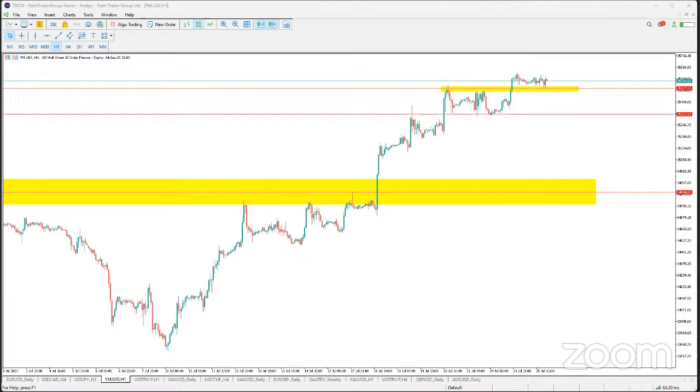Maybe out of 10 trades, you have 6 or maybe 7 winning trades, this is okay. But you have already lost 3, and this is acceptable as a matter of fact, to be honest.